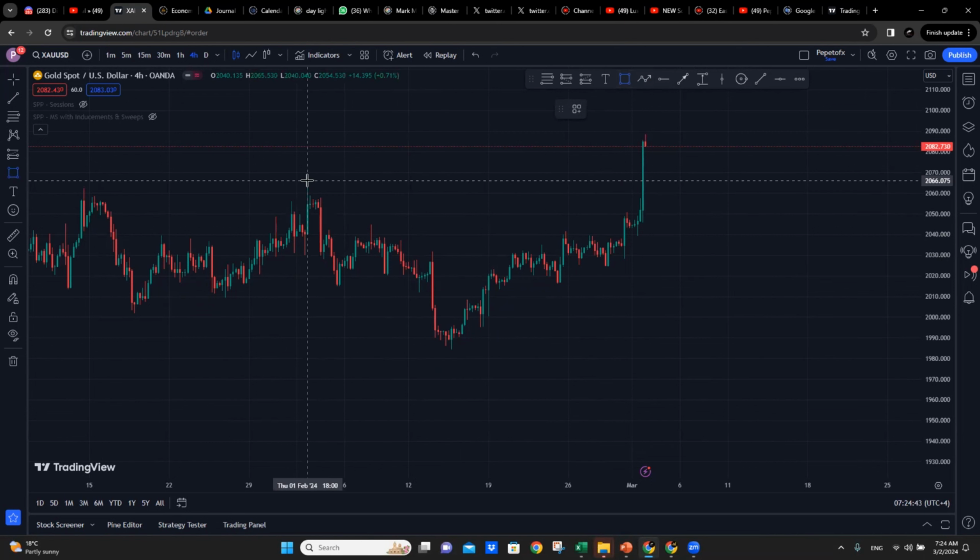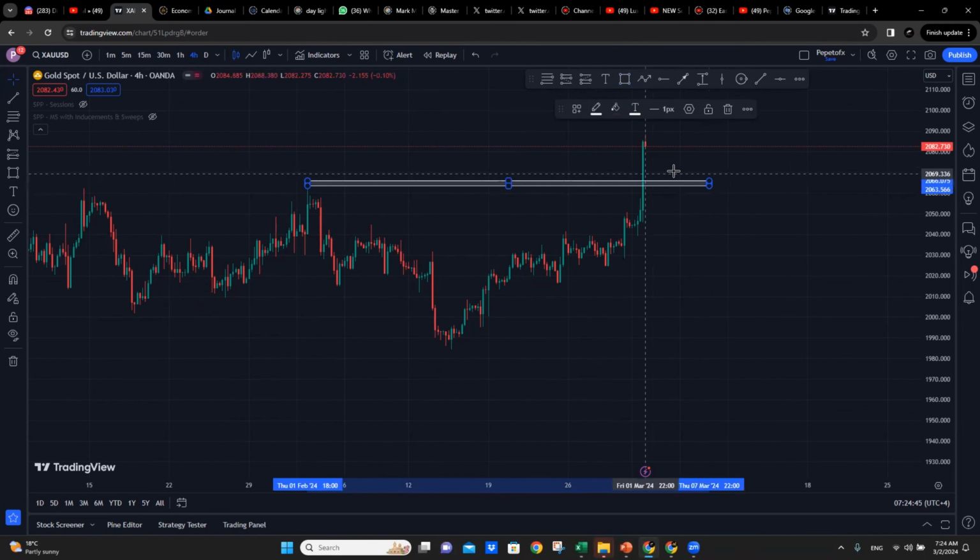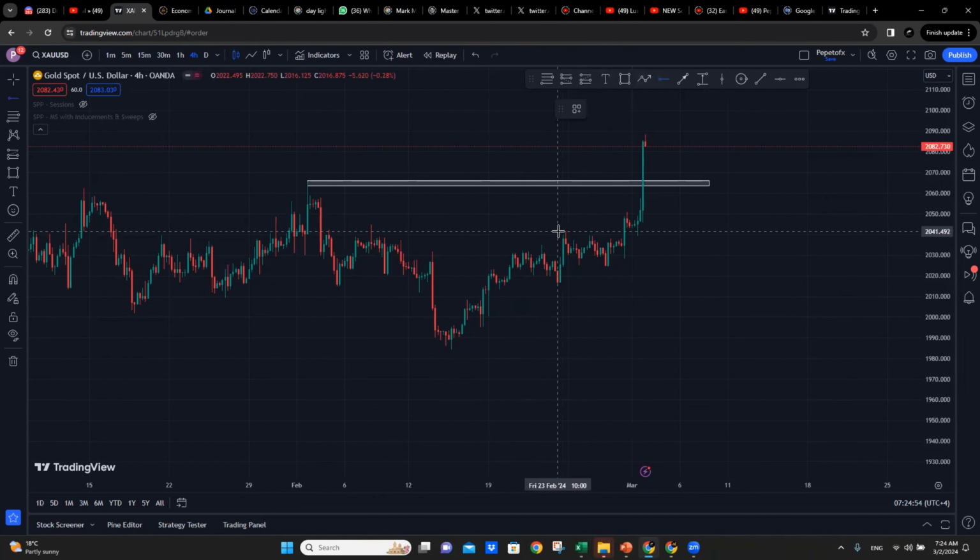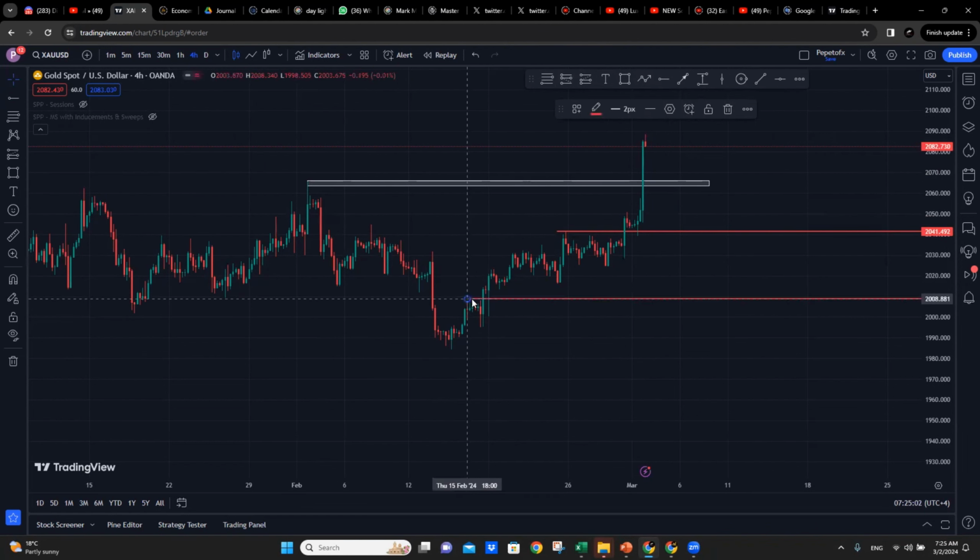Where there is a fight, swing highs, like here. There is no fight happening, but this is the place where we are expecting that fight to take place. Here, this is the fight area. Breakout, retest, continuation. Okay. Many places you need to consider for hotspots of trading.